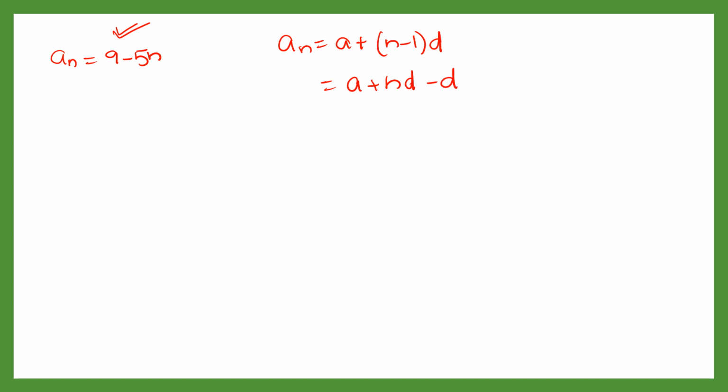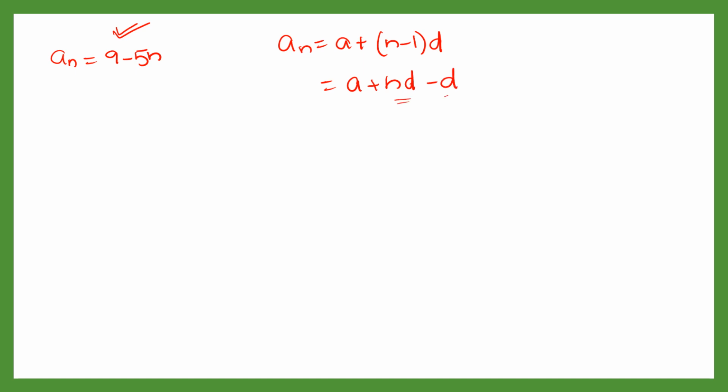They have given an is equal to 9 minus 5n. So, what is another way to find first term and common difference directly from nth term? Let's see. We know the formula, an is equal to a plus n minus 1 into d. So, a plus nd minus d.